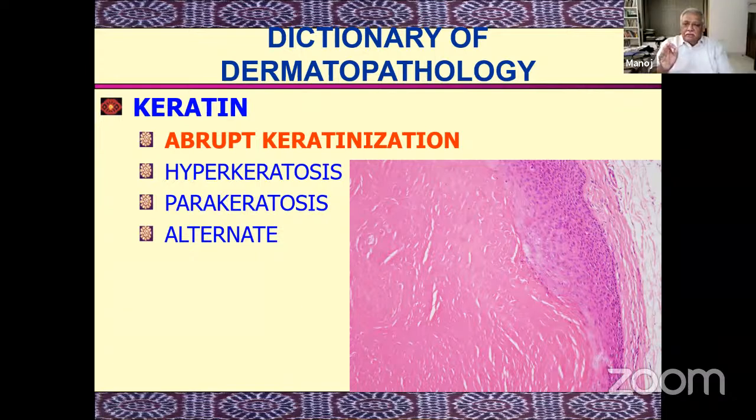Derma is skin, itis is inflammation, right? Inflammatory is inflammatory. Dermatosis is a condition of the skin, right? So quite obviously they are exactly the same thing. There is no difference between the two.